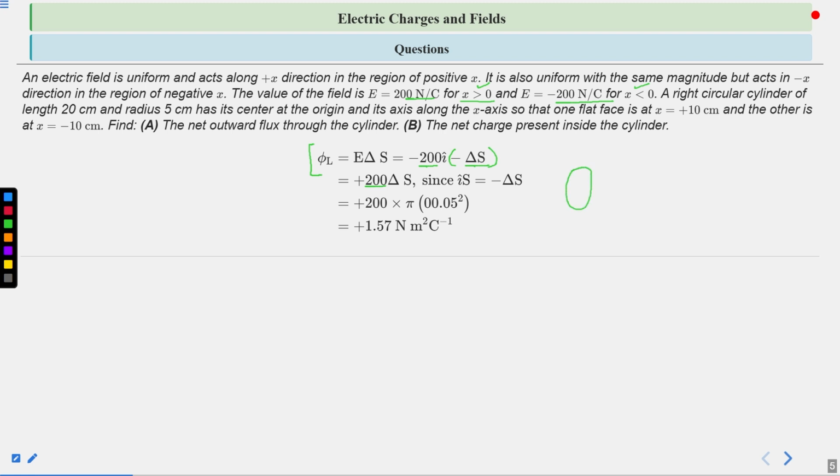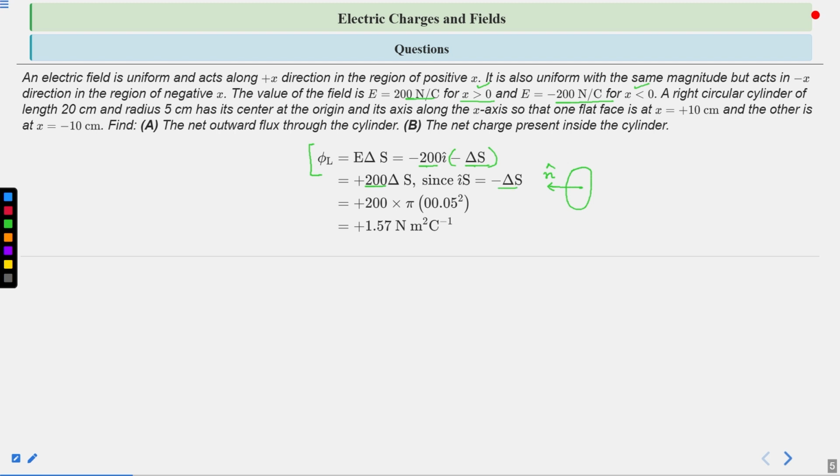If we talk about the left face, the area element is perpendicular to the left face of the cylinder, so this is also along the negative x axis. That's why the area is equal to minus delta S.